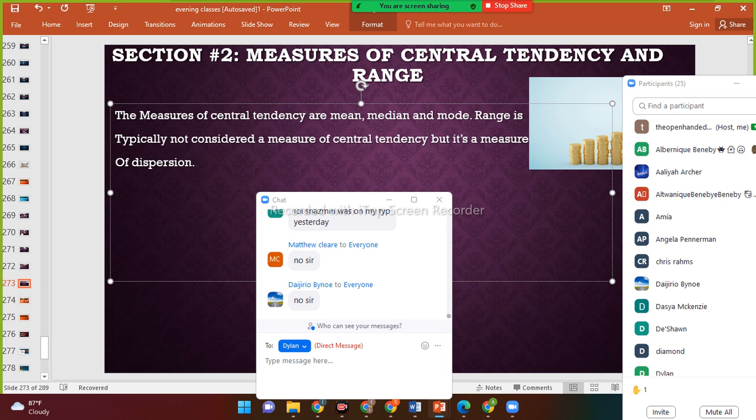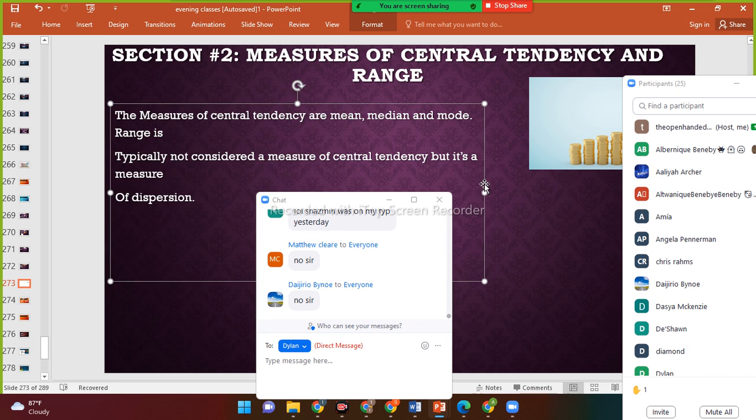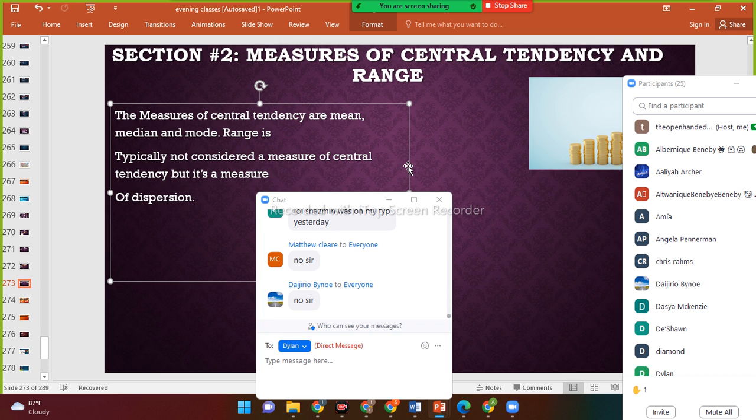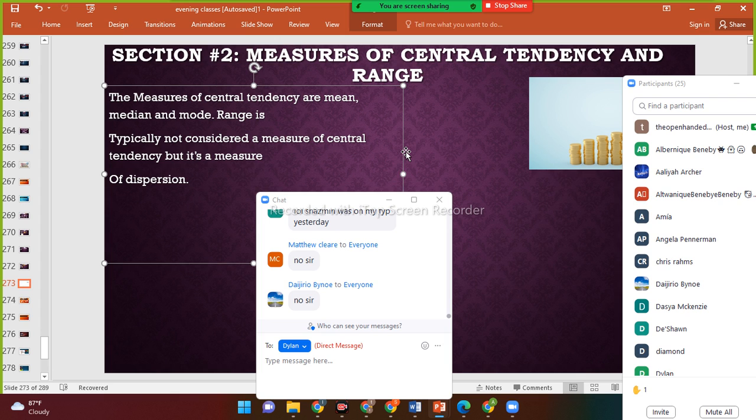So basically, when we say measure of central tendency, we're looking at the data and what set of values it is around. For example, the mean tells us the set of values that our data set is around. Say we get a mean of 67, that means our data is basically around 67.